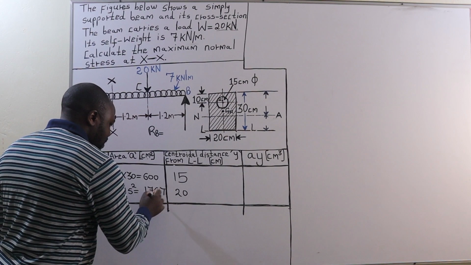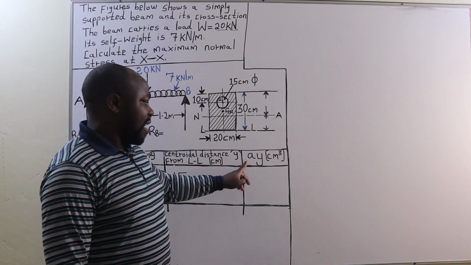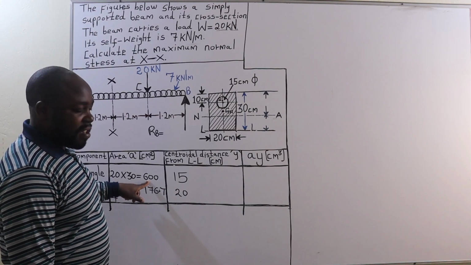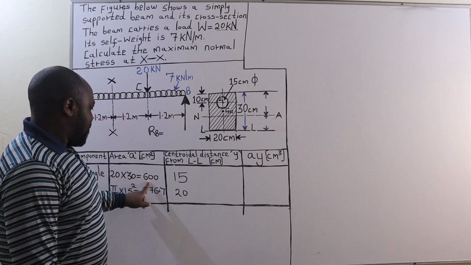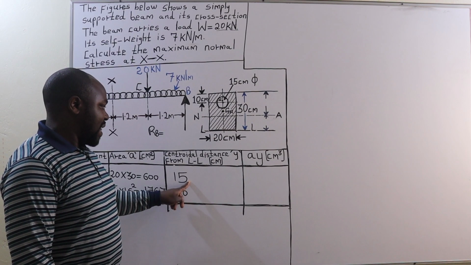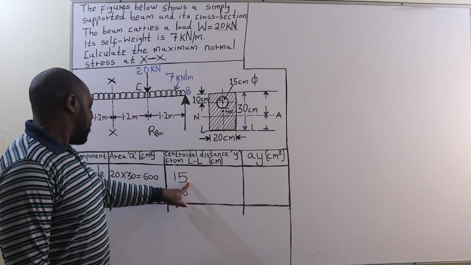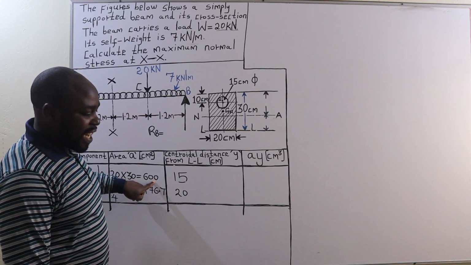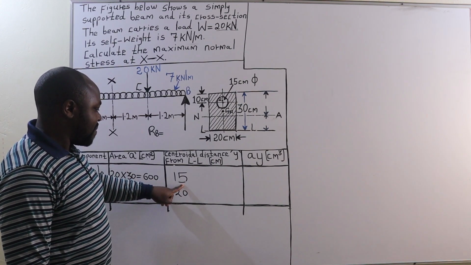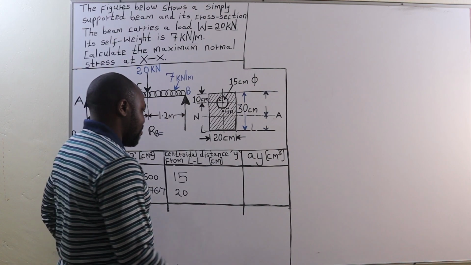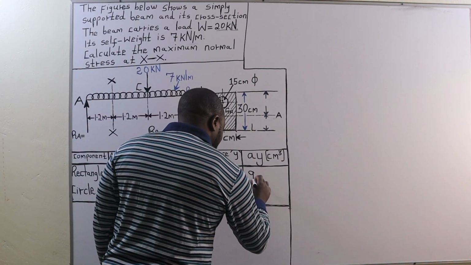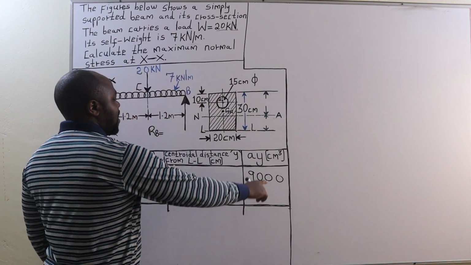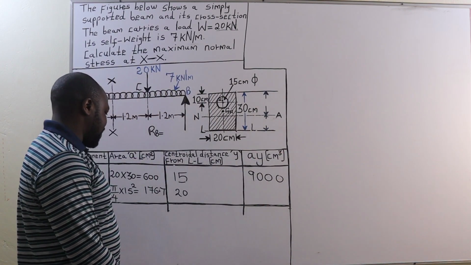From there, we calculate AY, that is the area of each component times the centroidal distance y. For the rectangular section, we have 600, the area, times 15, that is y, which is going to give us 9,000 centimeters raised to the power of 3.